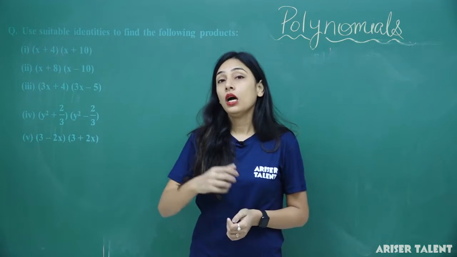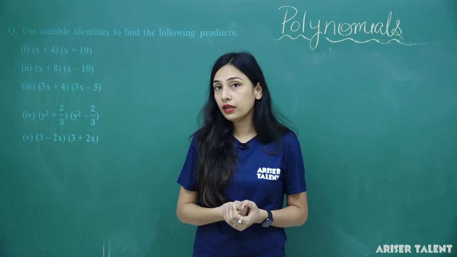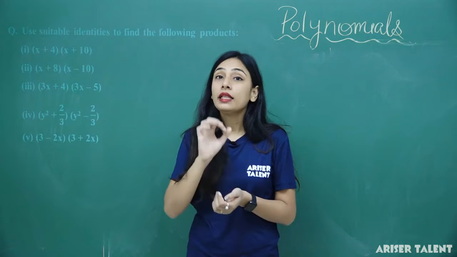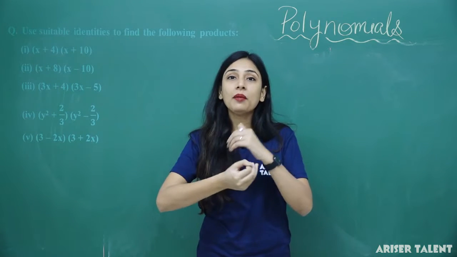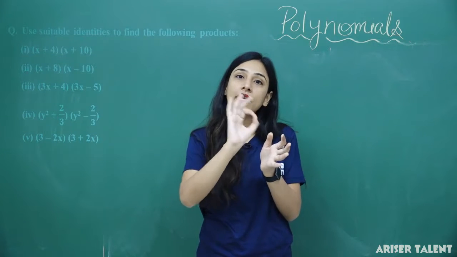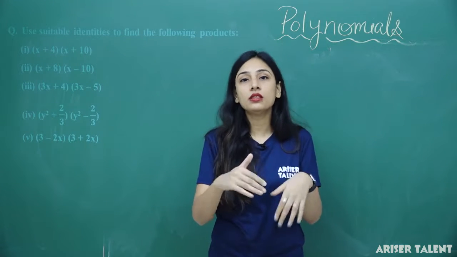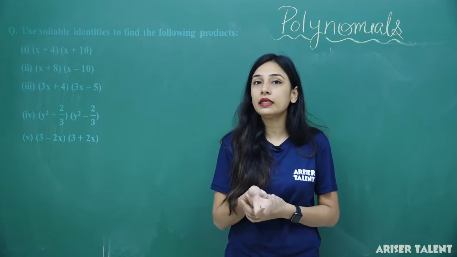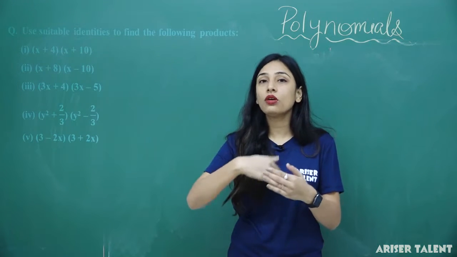Calculating 4 square is very easy, calculating 100 square is very easy. Now calculating 2 multiplied by 100 multiplied by 4, you can just calculate it, and adding these numbers is also so easy. So by using these identities in numbers also we can solve in a very easy way.